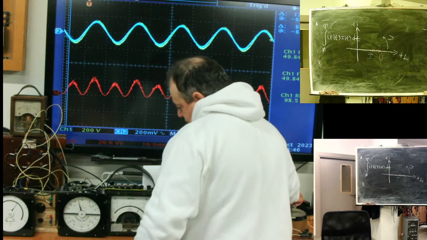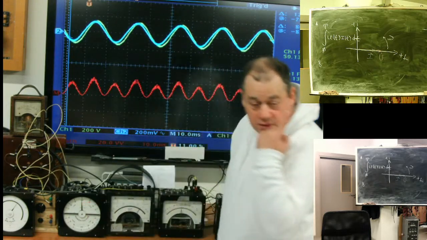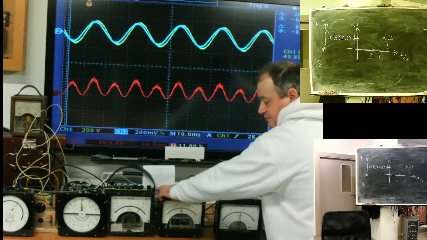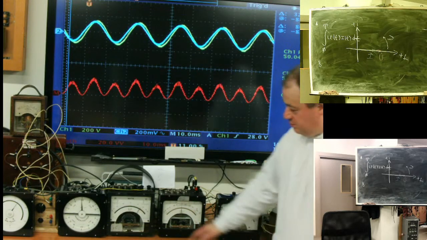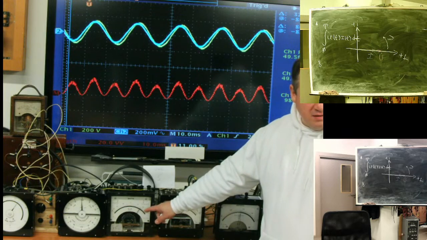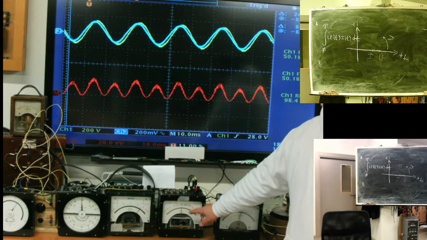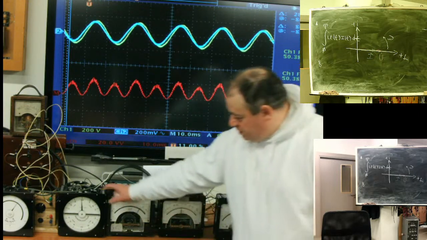Come on, power factor. Power factor is 1. And I have 2 instruments here. I think you see it for the first time in your life. One measures watts, and the second one measures reactive energy. Which instrument measures the power factor? This one.